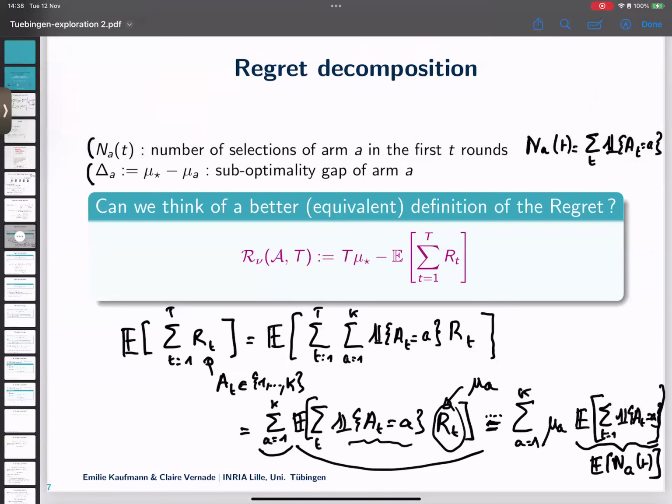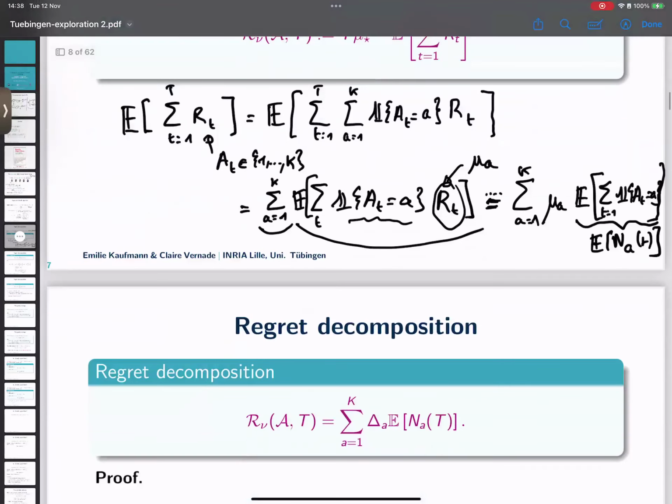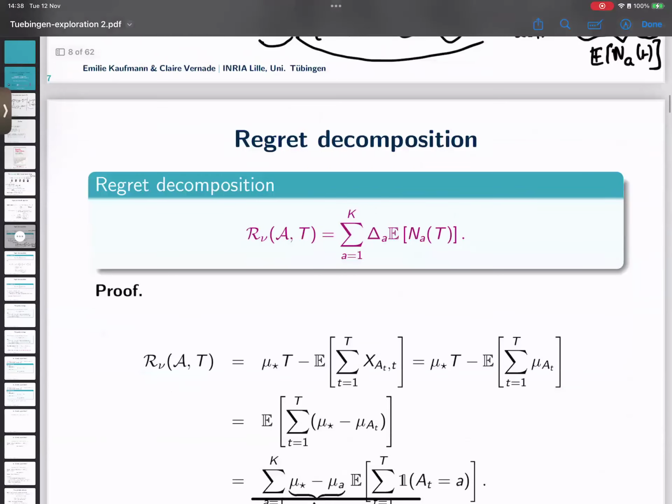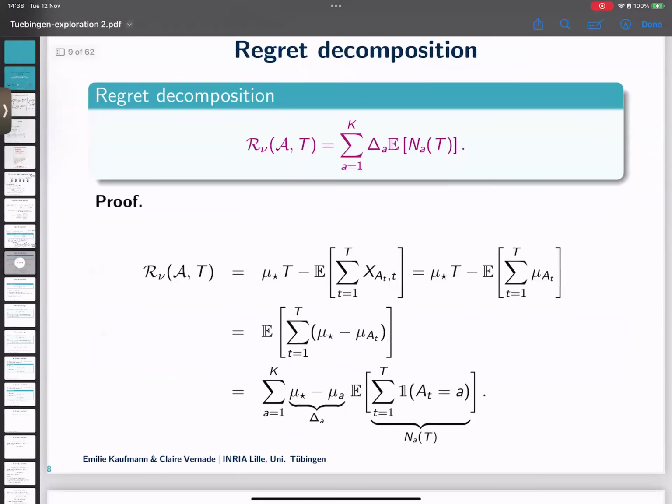All right, so this exact same thing is written with LaTeX in the next slide. So it's a little easier to read, but essentially you recognize exactly my derivation, right? We take this expectation on the right side, and we pull the mu star and the mu A that we have isolated.